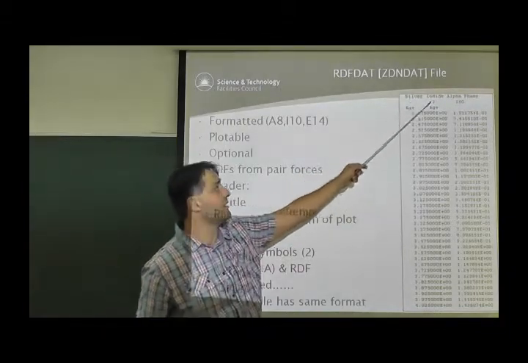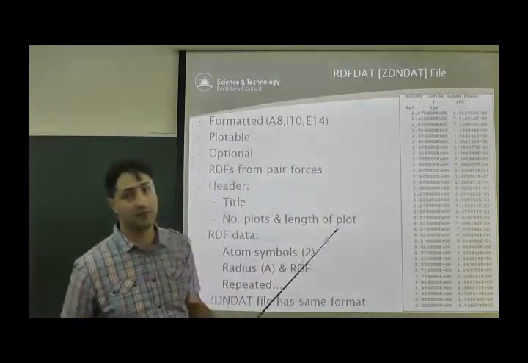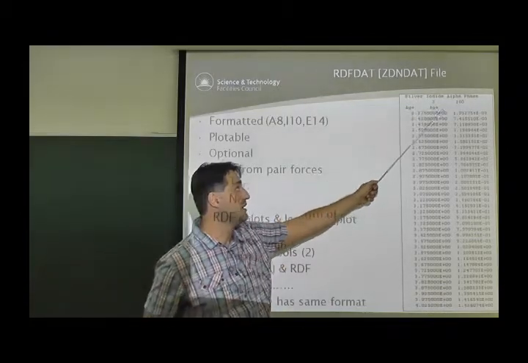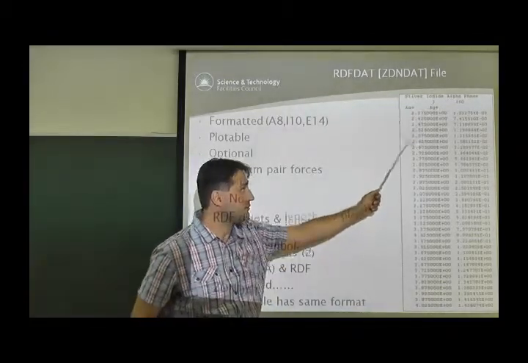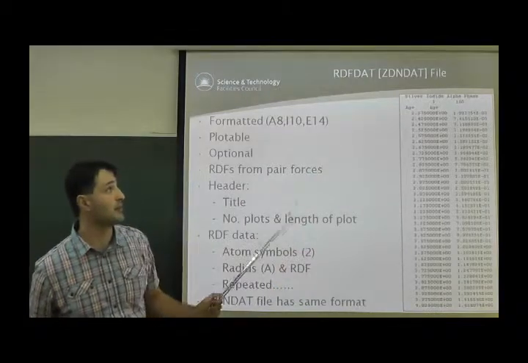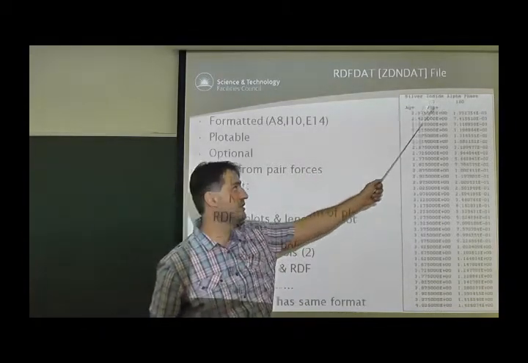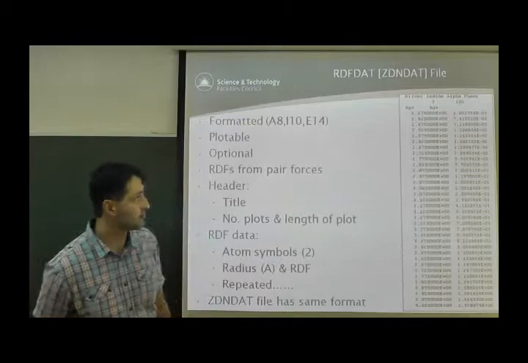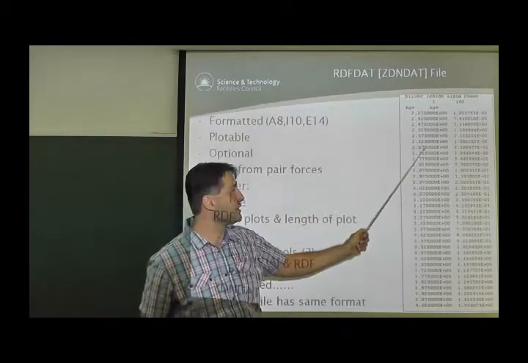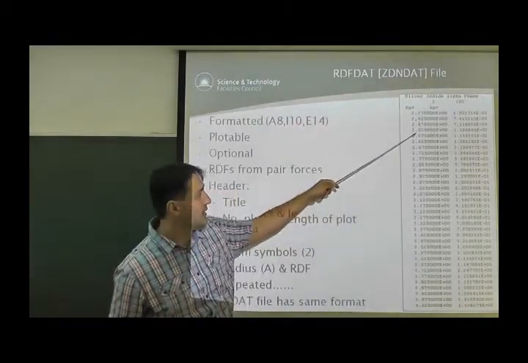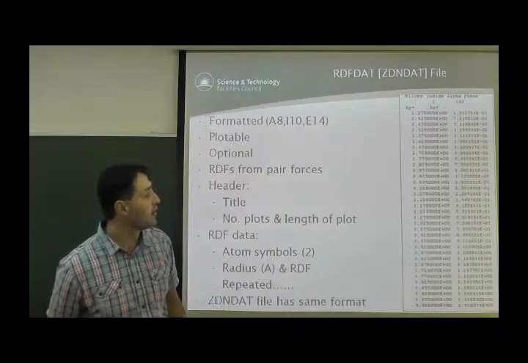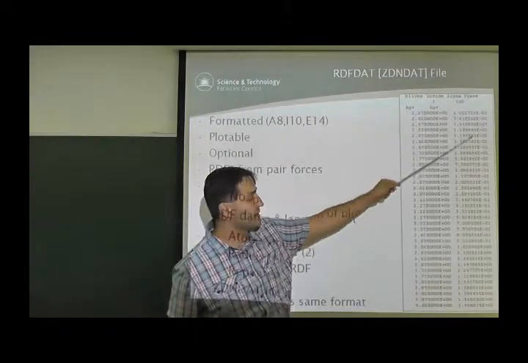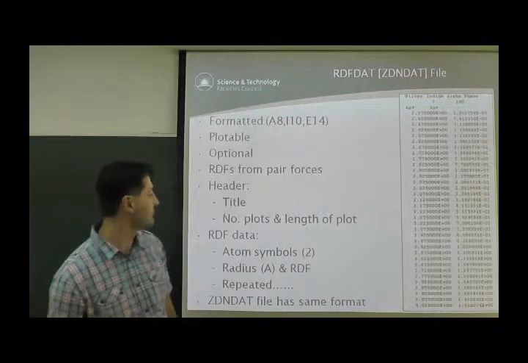Again, we say how many different profiles or radial distribution functions we have, how many points, and then for each of the elements that we follow here, for the radial distribution function, this would be between these two atoms. We have the grid of distance, and then we have the values of density over distance.